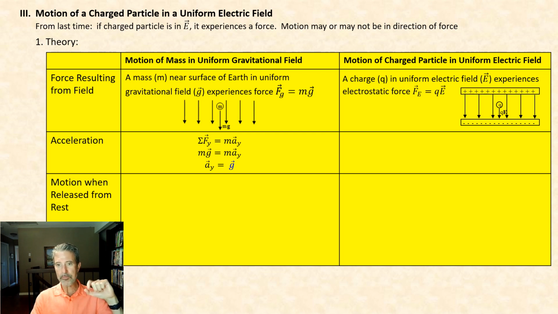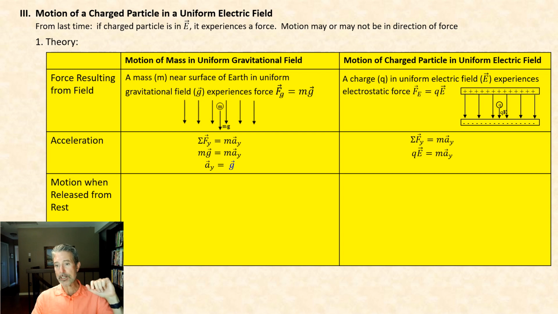center of the Earth. For the case of the charged particle in the uniform electric field, once again applying Newton's second law, the force on that charged particle is given by QE. Notice that that gives a possibility of two different directions, right? Because Q can be both positive or negative. The electric field has a given direction, but when you multiply it by a charge with two possibilities, you get two possibilities for the direction of that resulting force.